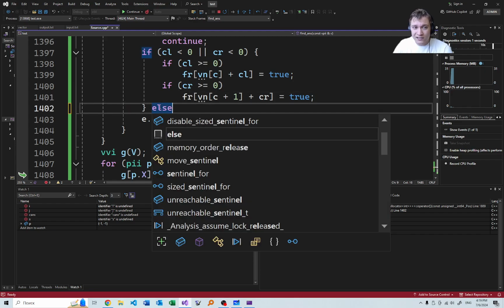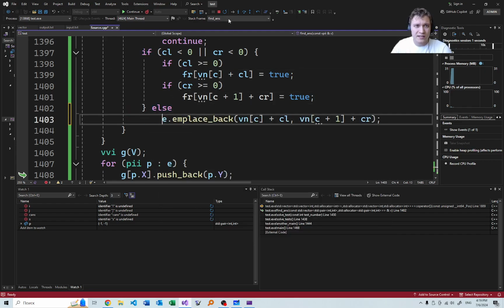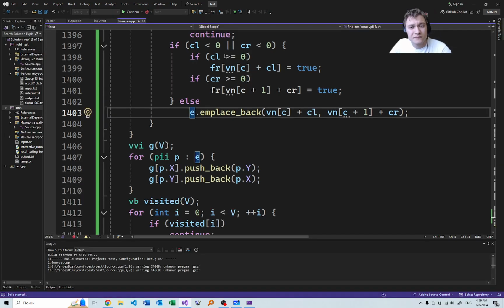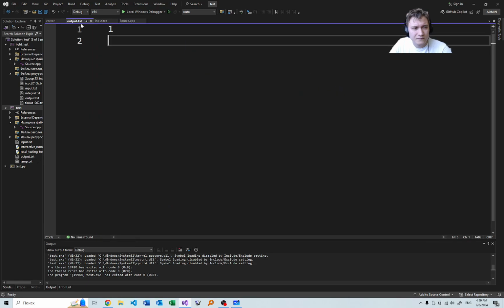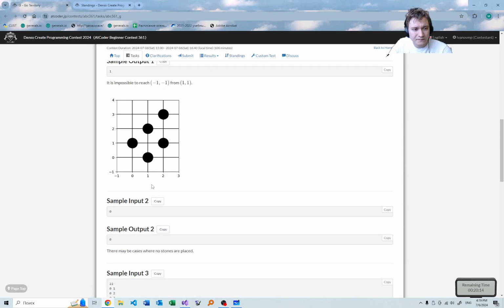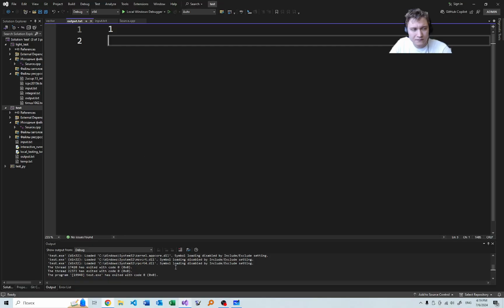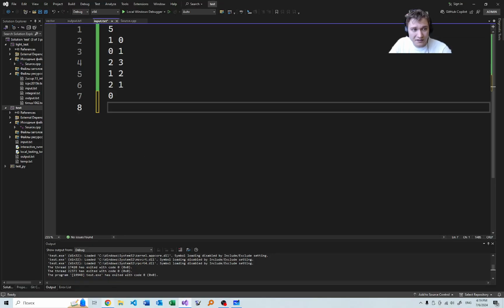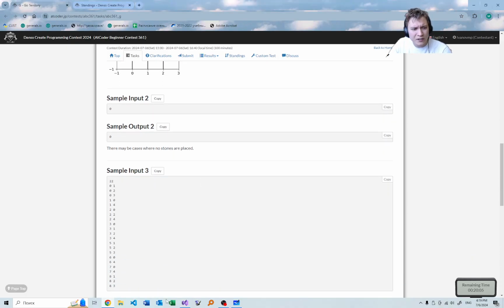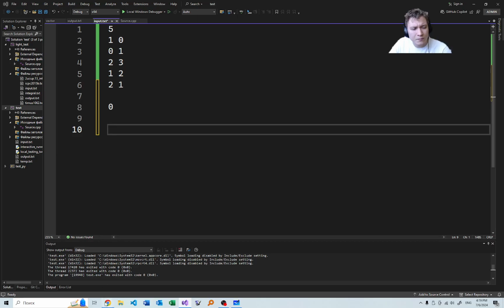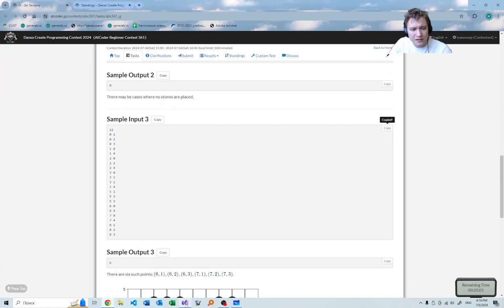And only else we push this edge. Interesting. However, I don't understand why it was so slow. Ah, it was so slow because of debug. Yeah, it's fine.